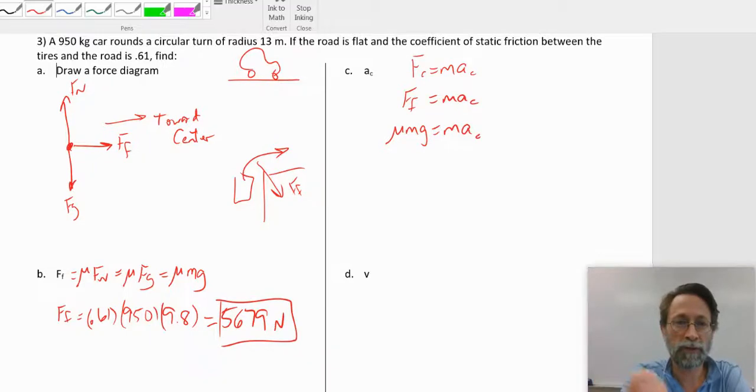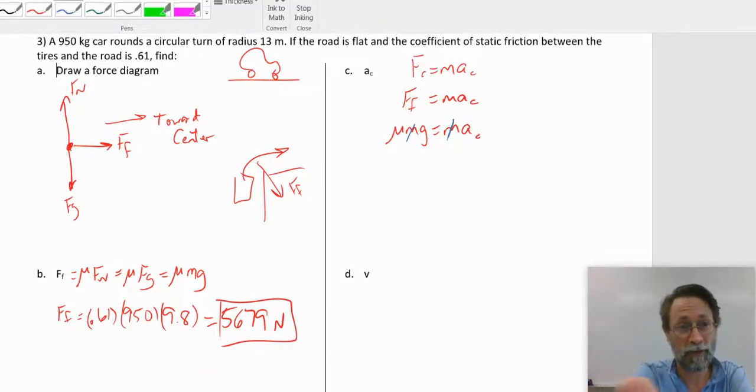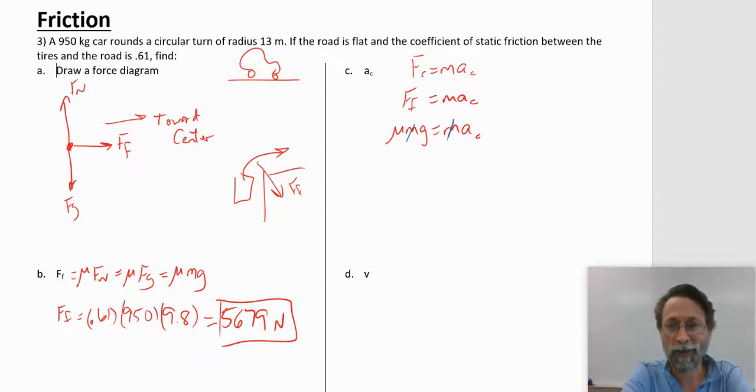And if you notice in this particular case, our masses will cancel out in this and all of the cases like this. And we end up that centripetal acceleration is really only dependent on the coefficient of friction, which is the two surfaces in contact, the road and the tires. So if the road is icy or wet or dry, that totally affects the speed that you can go around the corner, or the velocity.